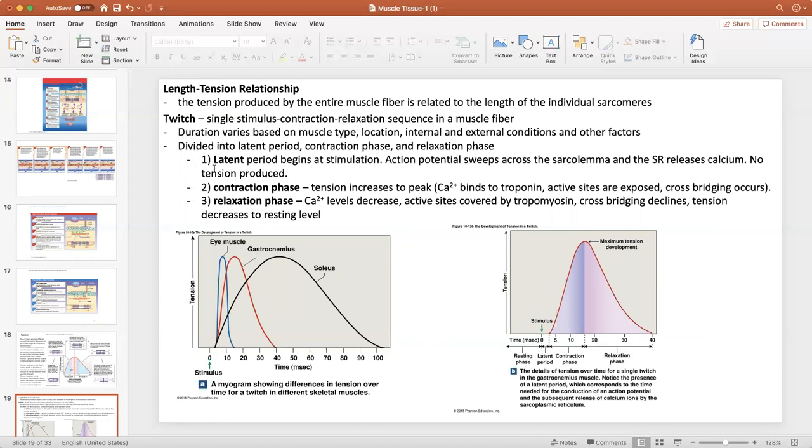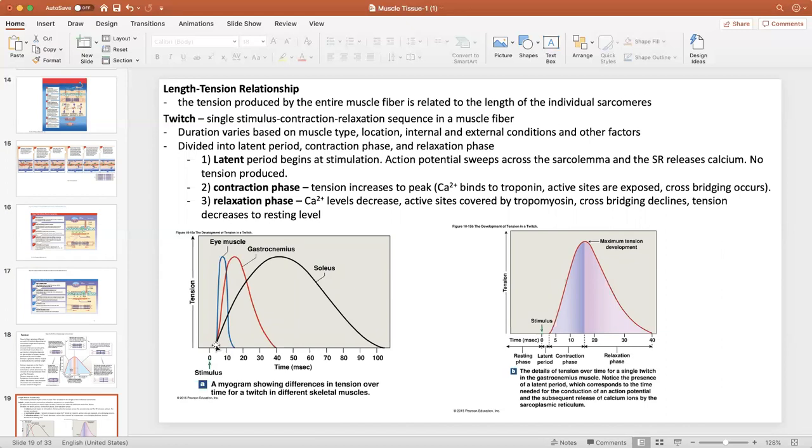Okay, so we have a latent period where the stimulus begins, and then we have the contraction phase, and then the relaxation phase. Now, depending on the muscle, some muscle fibers develop tension faster. Okay, so these are faster twitch fibers. Like in the eye, we develop tension very quickly, and then we have a short contraction phase and a quick relaxation phase.